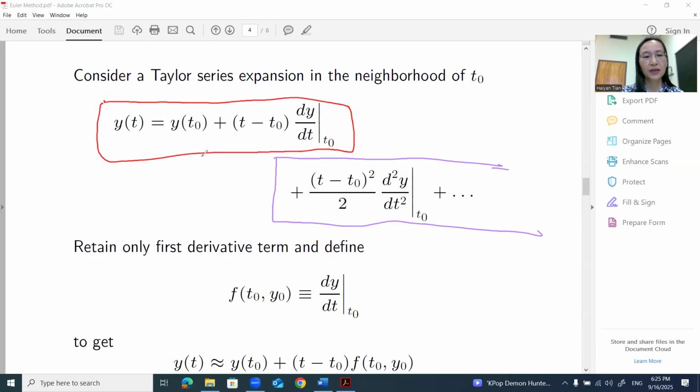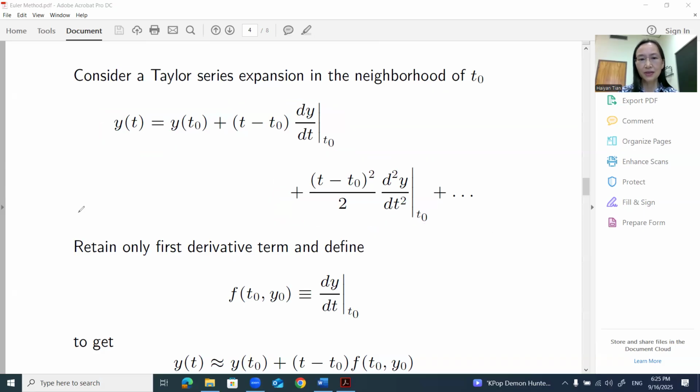We truncate all these terms and keep only this portion. So certainly the right-hand side is not the same as the solution curve. It is just a linear approximation to the solution curve in the neighborhood of t0, a linearization of the solution curve. Then what is this y derivative? We know the y derivative at t0. All we need is to use the governing equation.